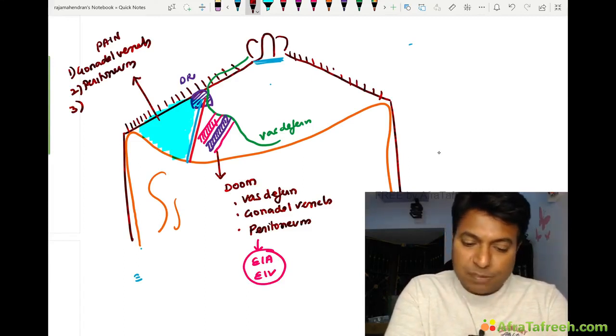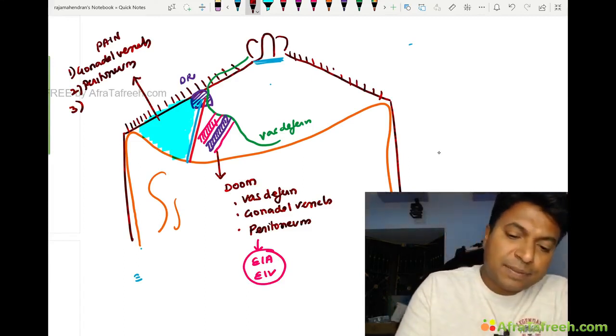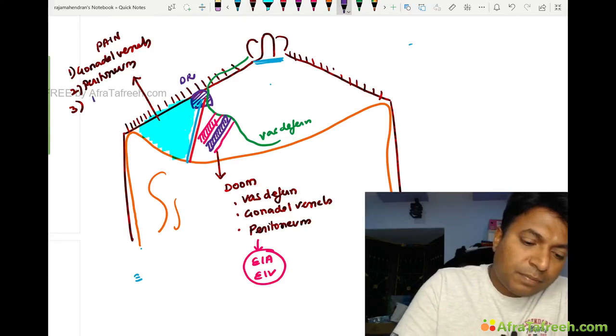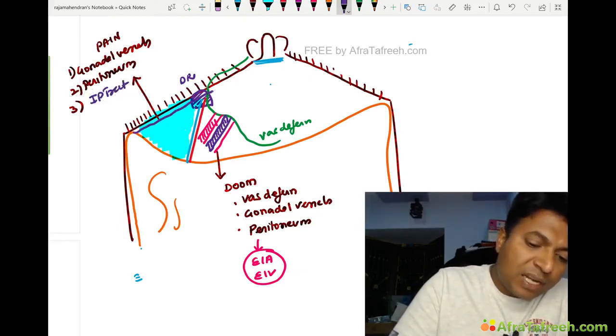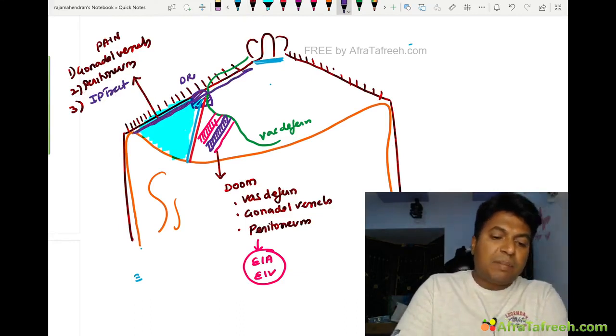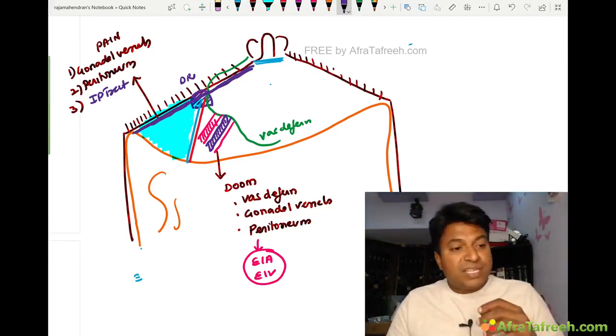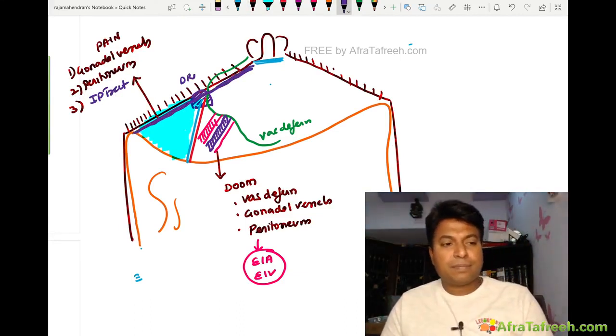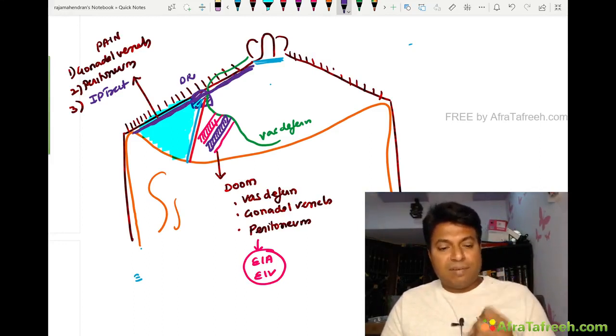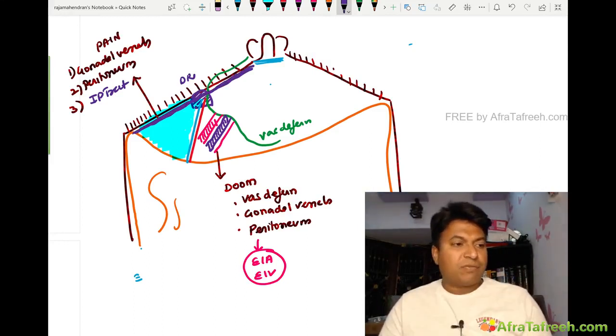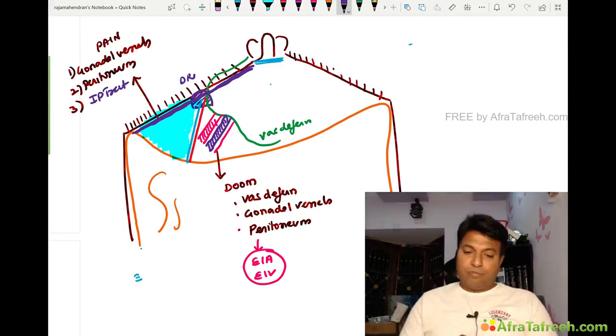So gonadal vessels, peritoneum, and the third is the iliopubic tract. We don't see the inguinal ligament from inside, but we see the iliopubic tract. Gonadal vessels, peritoneum, and iliopubic tract form the boundary of the triangle of pain.